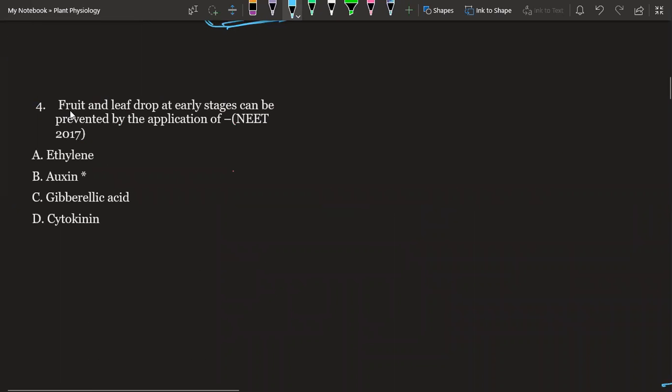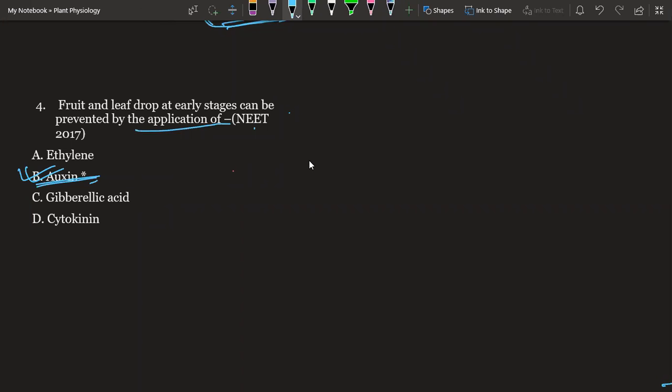This fruit and leaf drop at early stages can be prevented by the application of, again, this is auxin. Okay, the star mark is given here.